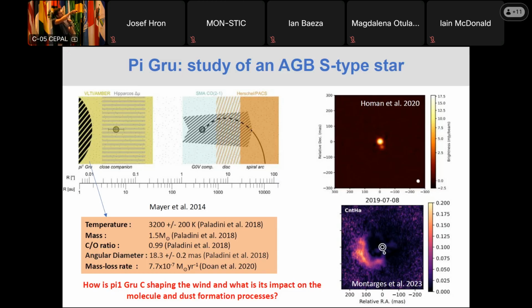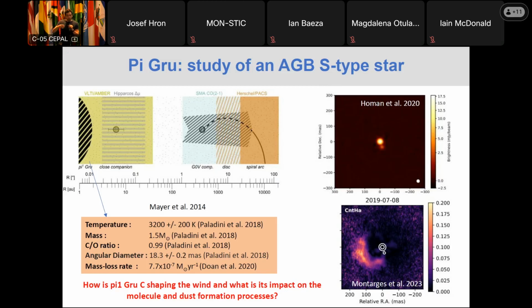And in 2020, we had Homan's paper that showed ALMA observations with the first direct image detection of this close companion at about 40 mas. And three years after, we had the paper of Miguel Montargès that showed SPHERE data at larger scale, with a clear dust environment in the form of the beginning of the spiral arms that was basically matching the position of the companion.